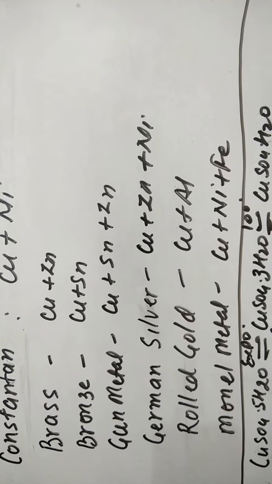Gunmetal is a mixture of copper, tin, and zinc, and German silver is copper, zinc, and nickel. Rolled gold is a mixture of copper and alloy, and monel metal is a mixture of copper, nickel, and iron.